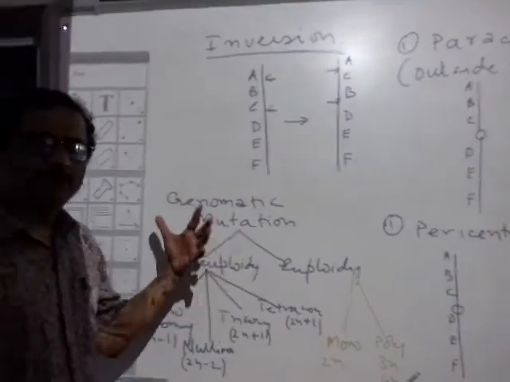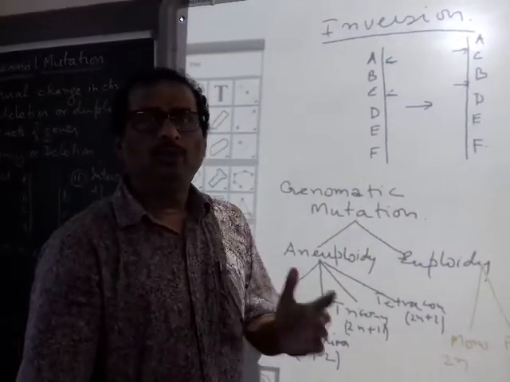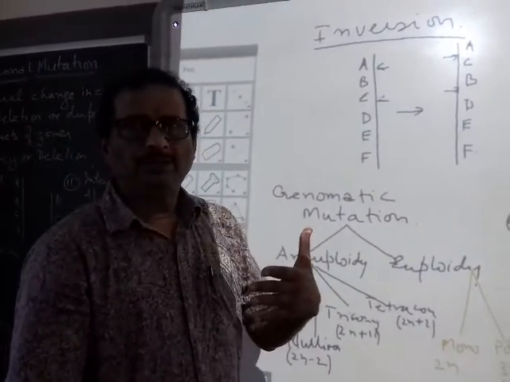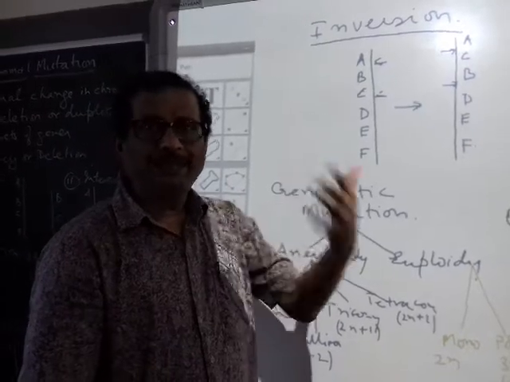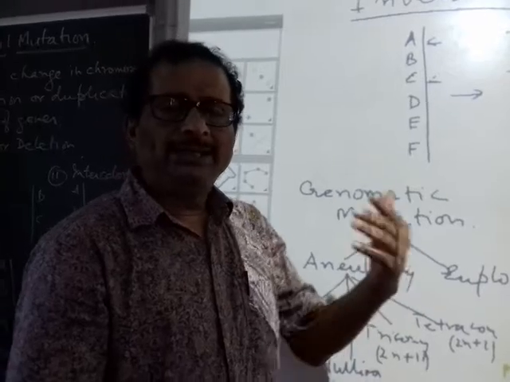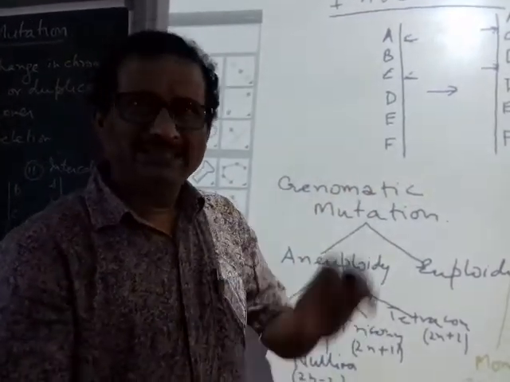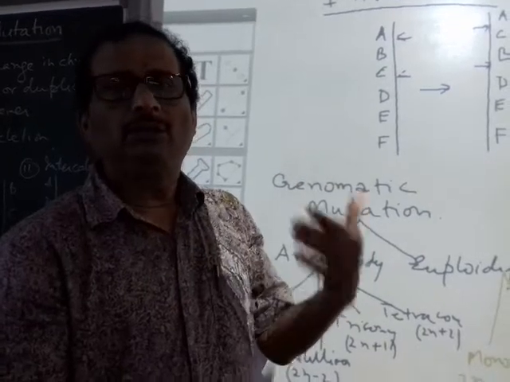Now in polyploidy there can be autopolyploid and allopolyploid. If the same type of genes is multiplied, suppose AA is a type of gene and you get AAAA, that means you double it with a similar type of gene, then we call it an autopolyploid.